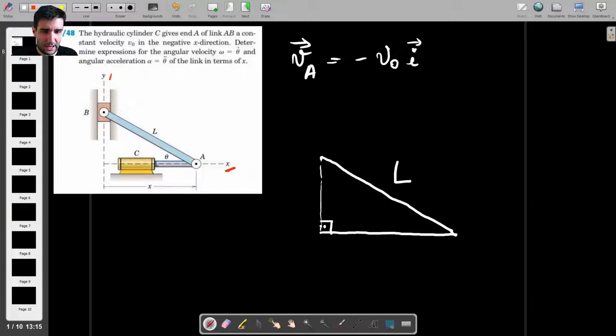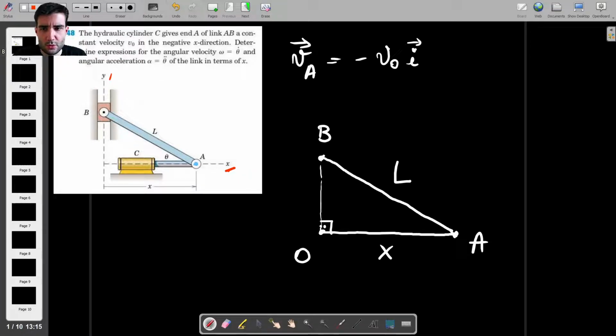And this is X, which does change because this point A keeps moving to the left all the time, so X is getting smaller and smaller as time goes by. And then let's call this B, and this A, and let's call this point O, the origin of the coordinate axes.